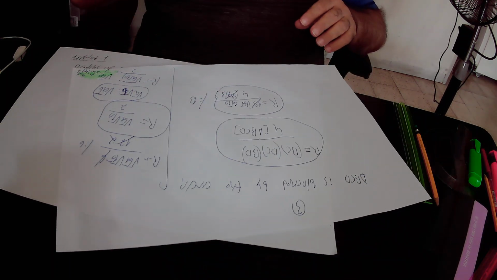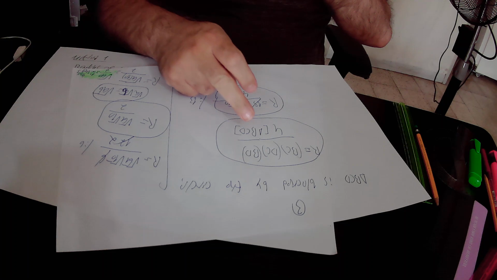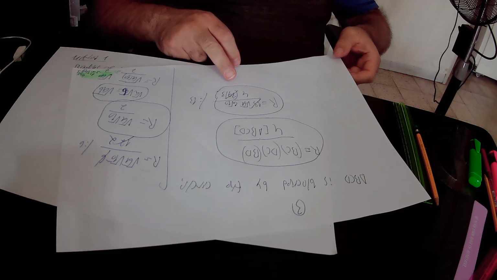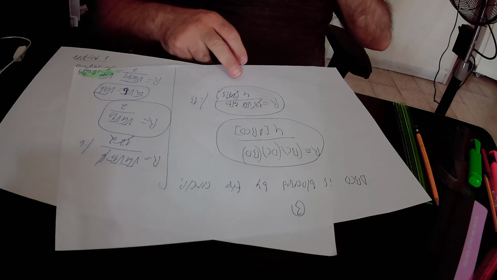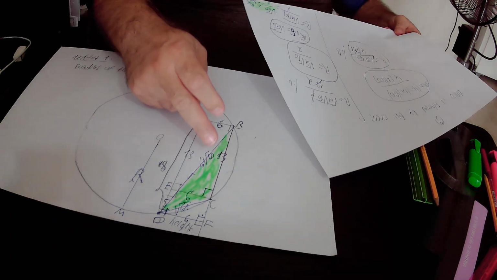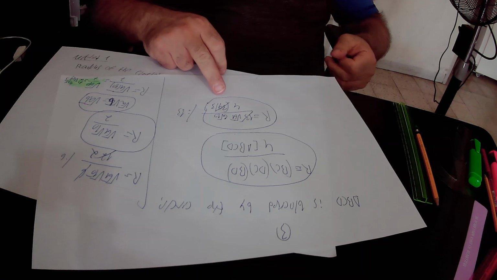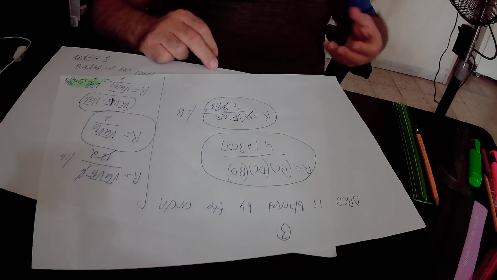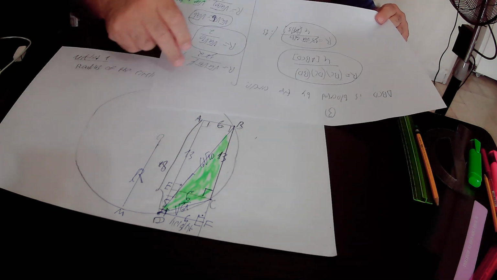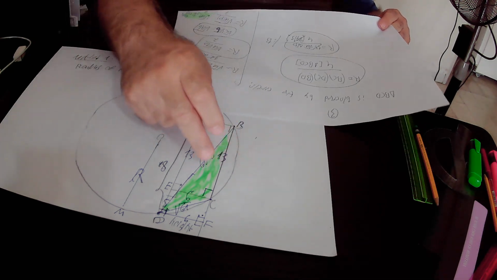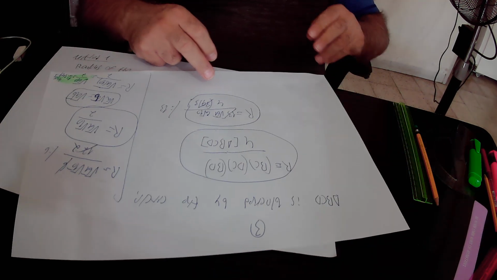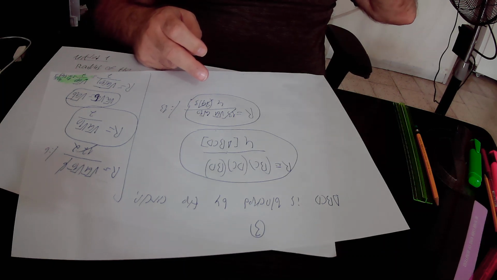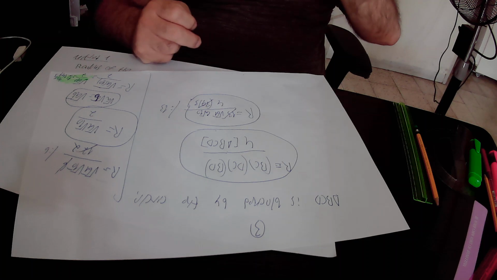So we wrote down the values of the sides over 4 times the area of triangle BCD. We already found out that the area of the green triangle BCD equals 39 square units. So in conclusion, we found out that the radius of this circle that blocks the green triangle BCD equals 13 times the square root of 61 times 6 times the square root of 10 over 39 times 4.